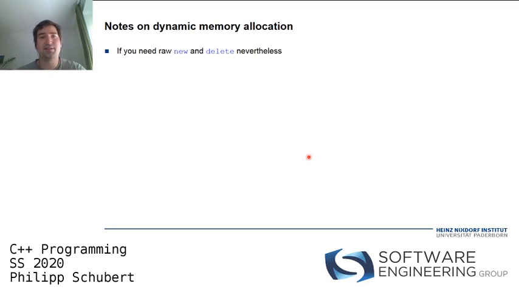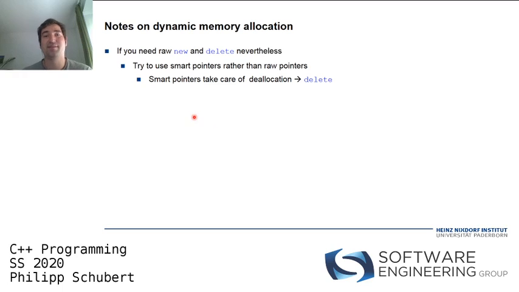If you need raw new and delete nevertheless, then try to use smart pointers rather than raw pointers, because remember the delete issue. If you forget delete, you leak memory, and if you double delete, you have a double free and you corrupt your memory, and then all hell breaks loose, so to say.